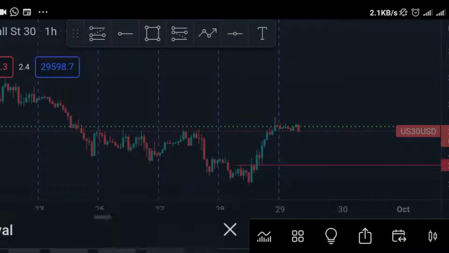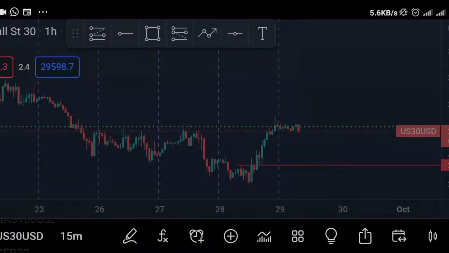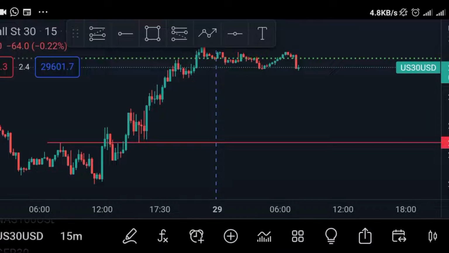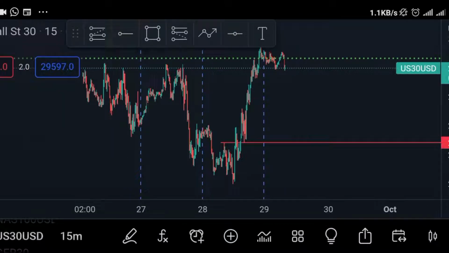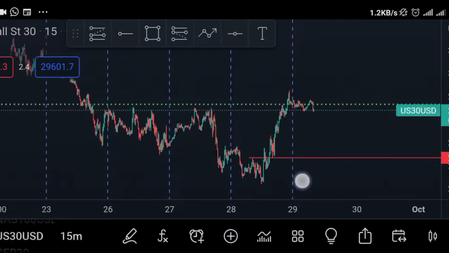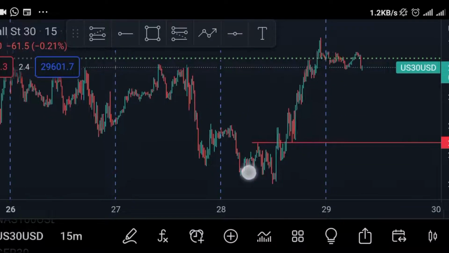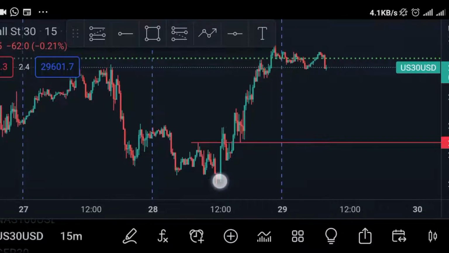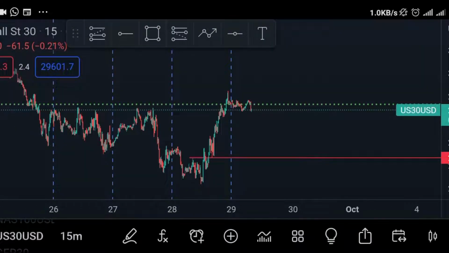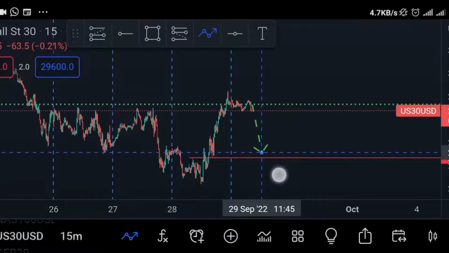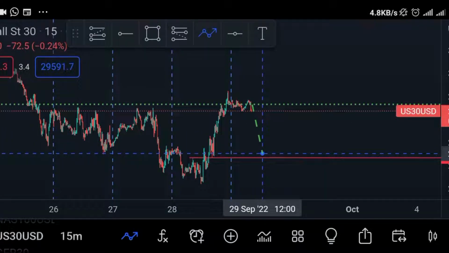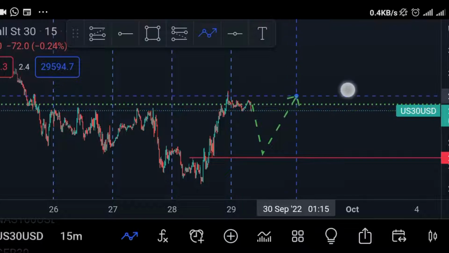Let's jump to the 15-minute time frame. Today we might expect a downtrend. What might happen is that price might project from there to here to create a more significant higher low, then pull up.